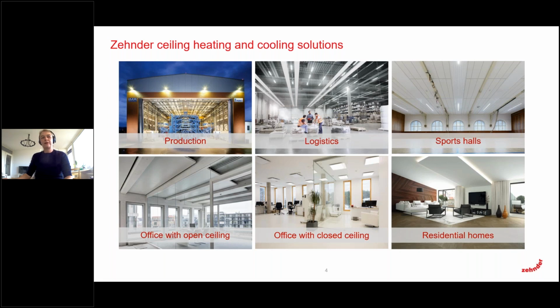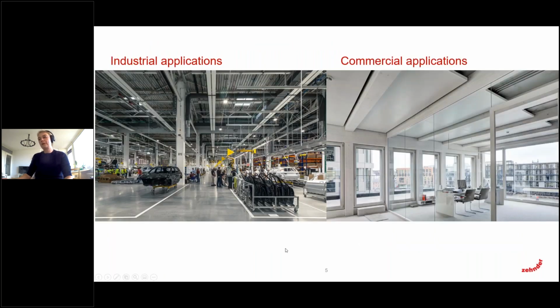The extent of this webinar is by far not enough to show all the possibilities, but I will focus on showing you as wide a range as possible. With these kinds of activated ceiling systems, it usually makes sense to divide it into two general areas.